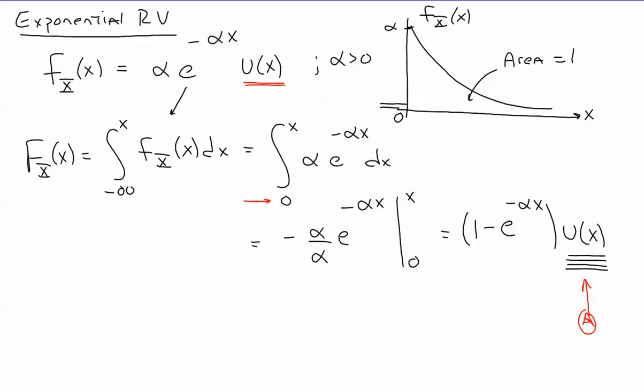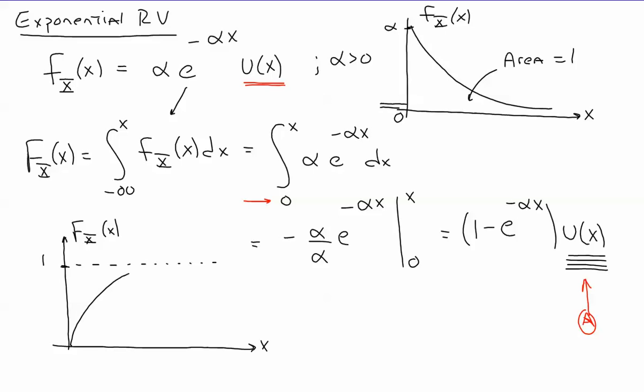So then if we plot this, it looks something like this. The cumulative distribution function always approaches 1 at x equals infinity. It's going to look something like that. It's going to be 0 at minus infinity, so my cumulative distribution function at minus infinity equals 0, as it's supposed to.